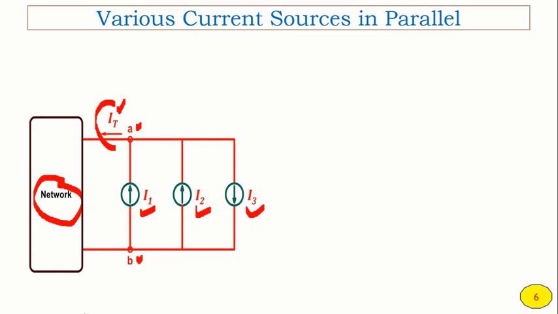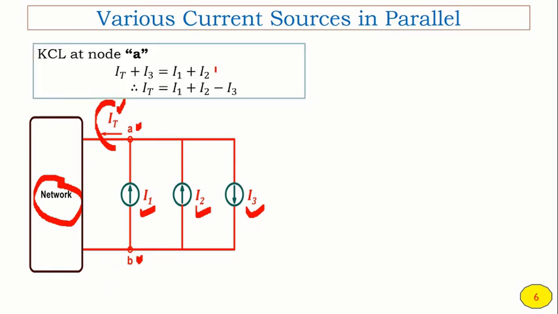On applying KCL, we can write sum of entering currents equals the sum of leaving currents at node A. Here IT and I3 are the leaving currents and I1 and I2 are the entering currents. So we get IT leaving from node A is the sum of I1, I2 and minus I3.